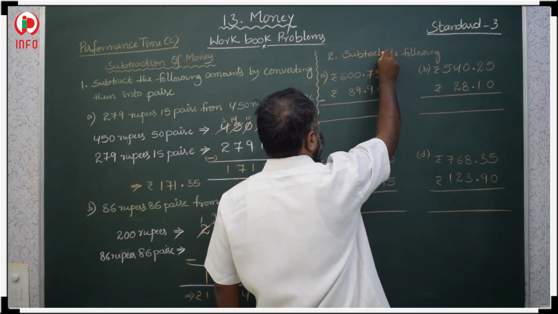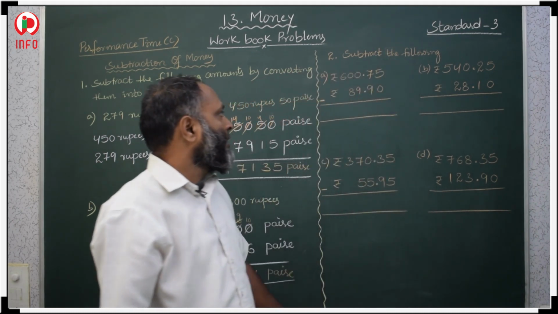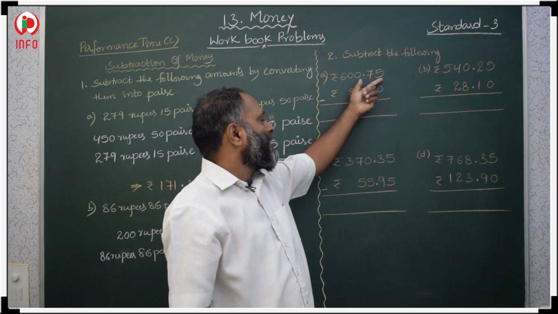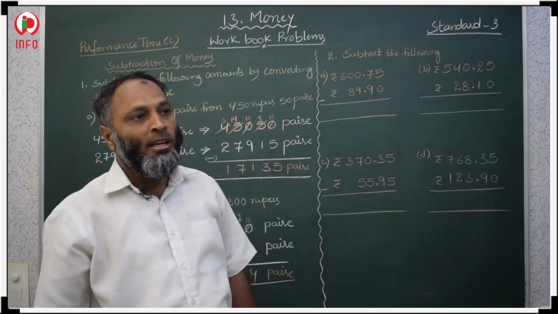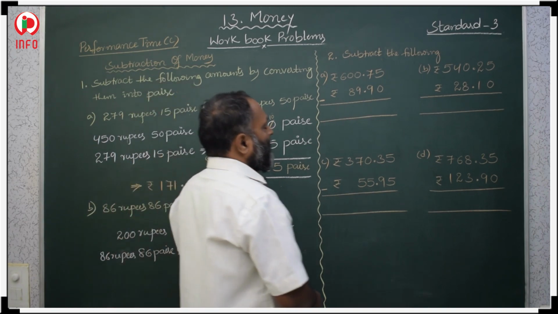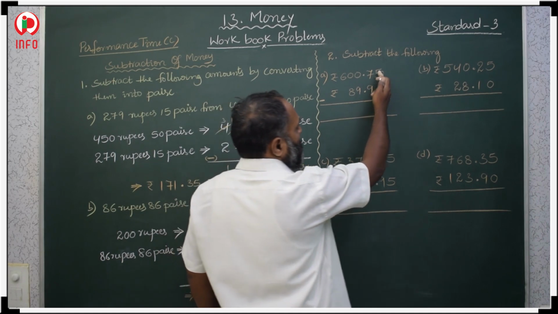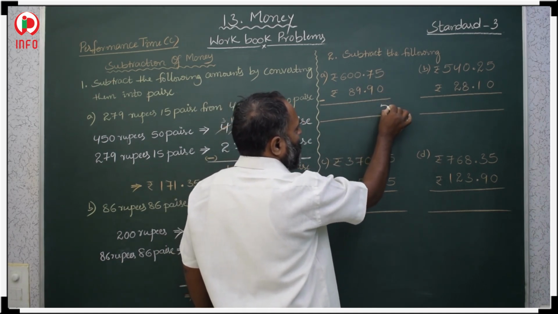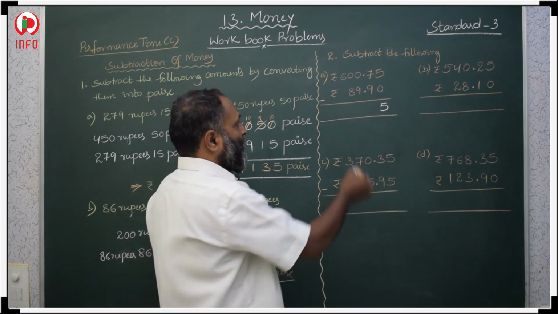Subtract the following. 600 rupees 75 paisa, 89 rupees 90 paisa. How to subtract? First 5 minus 0 is 5. 7 minus 9 we cannot subtract, so borrow from here.